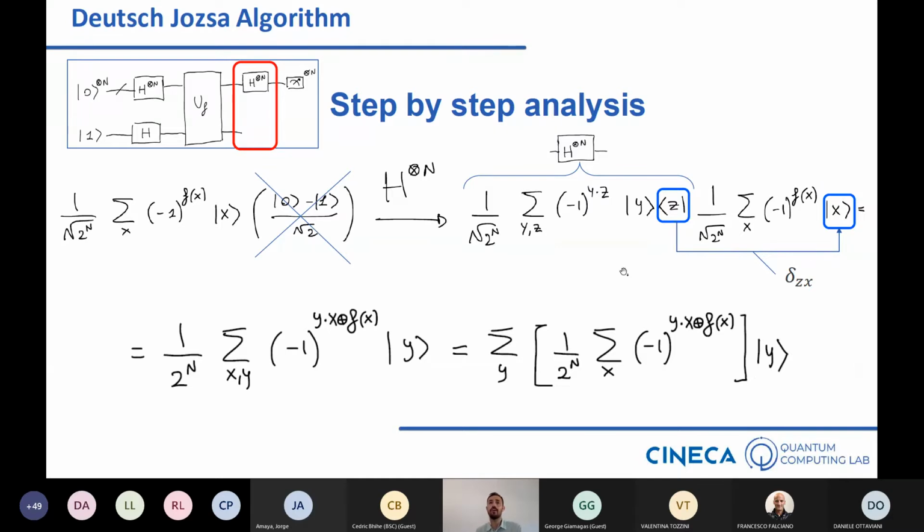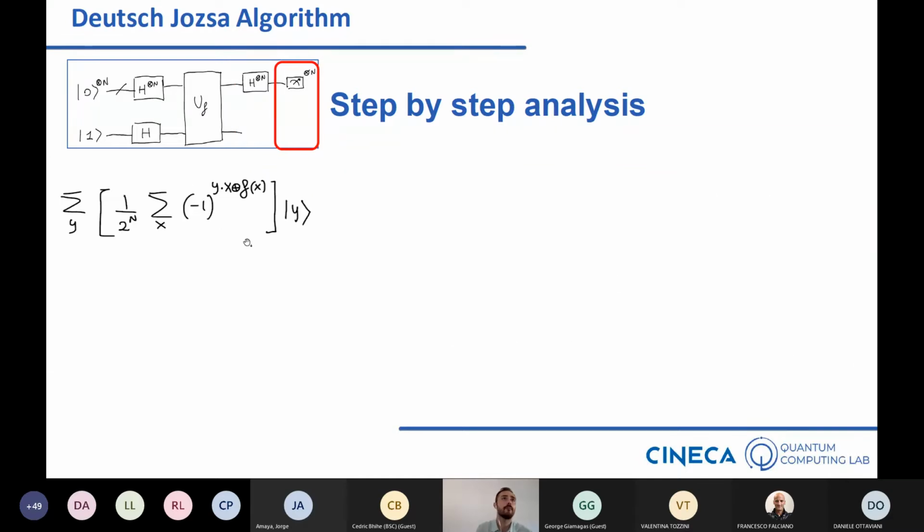If you look at this final state here, it's a quantum state that you write with y having the thing inside the parentheses as its probability amplitude.